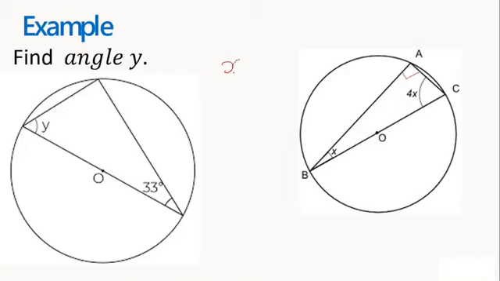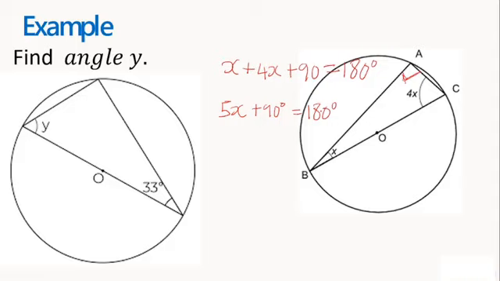So we are going to have x plus 4x, again we add with a 90, and is equal to 180 degrees. So this is a 90 right here, because we are saying angles in a semicircle is always 90 degrees. So this is a semicircle that we have this side, so it's forming a 90 degrees right here on point A. So x plus 4x, here we are going to get 5x, then plus 90 degrees is equal to 180 degrees.